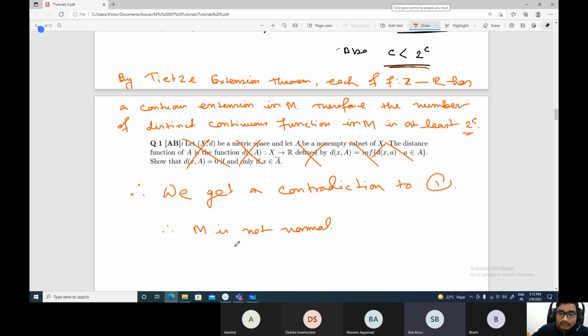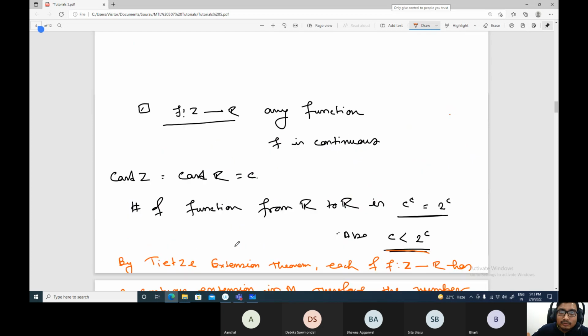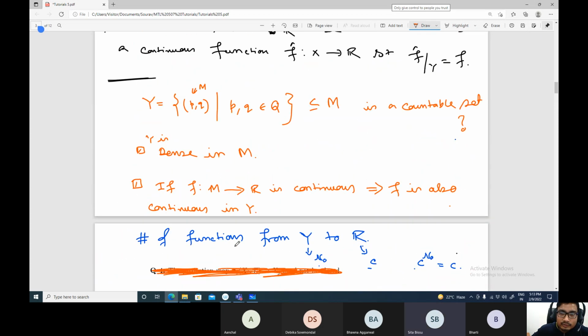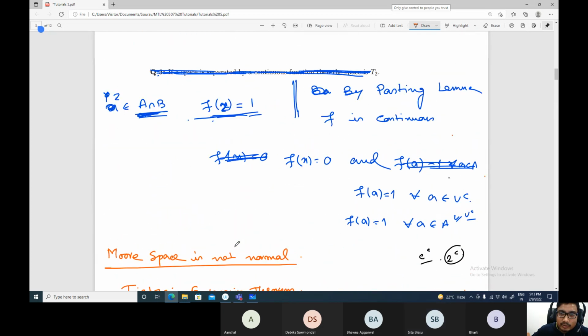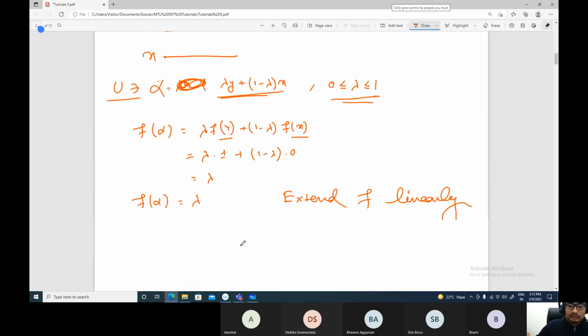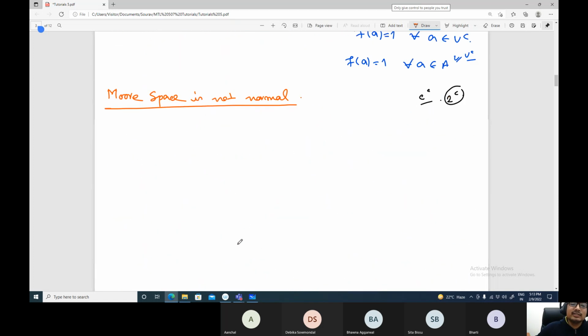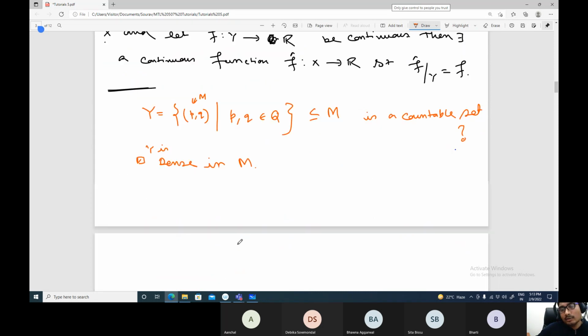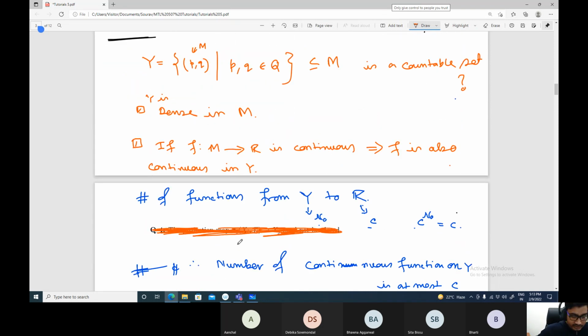Yes, sir. Is it fine now? Tell me if you have any problems somewhere. Actually, I could have used just the definition of normal instead of using the Tietze extension theorem. Normal fails if we take two disjoint closed sets that cannot be separated. But in that case, I need the application of the Baire category theorem.